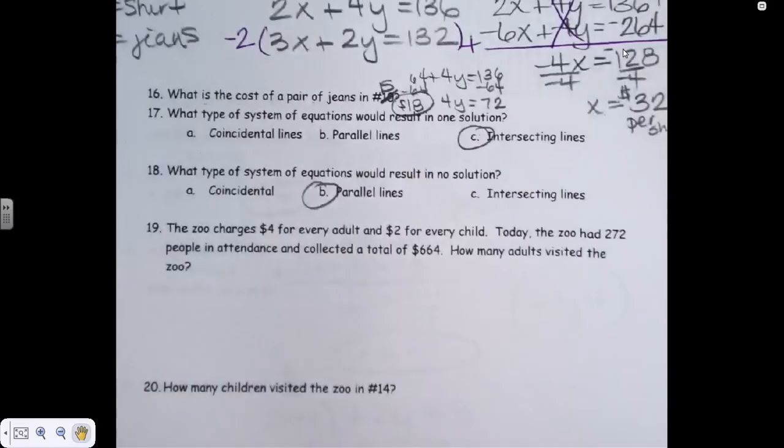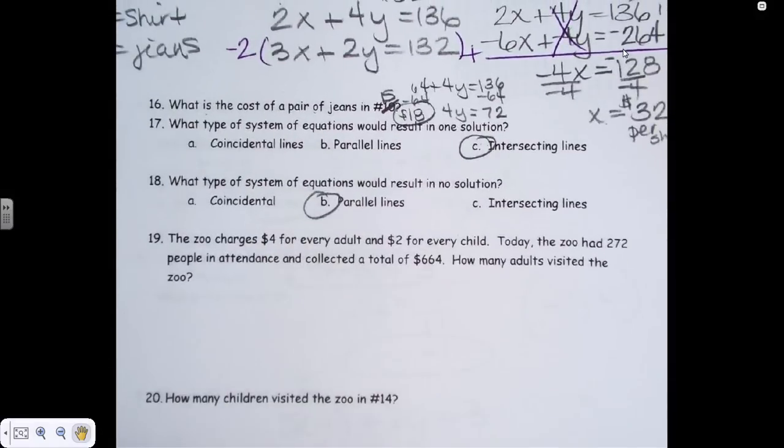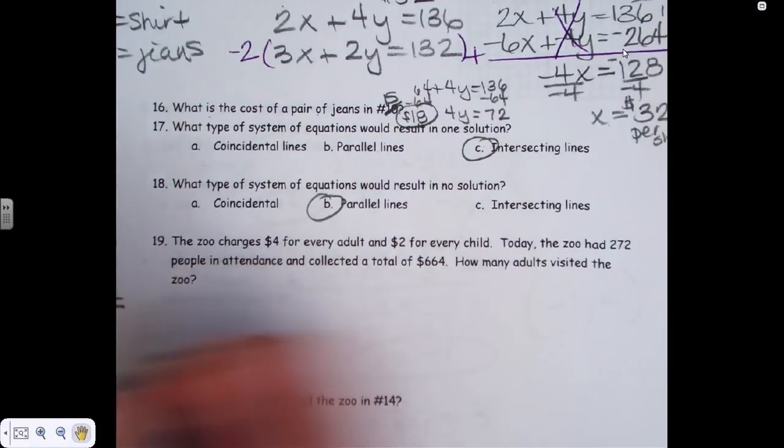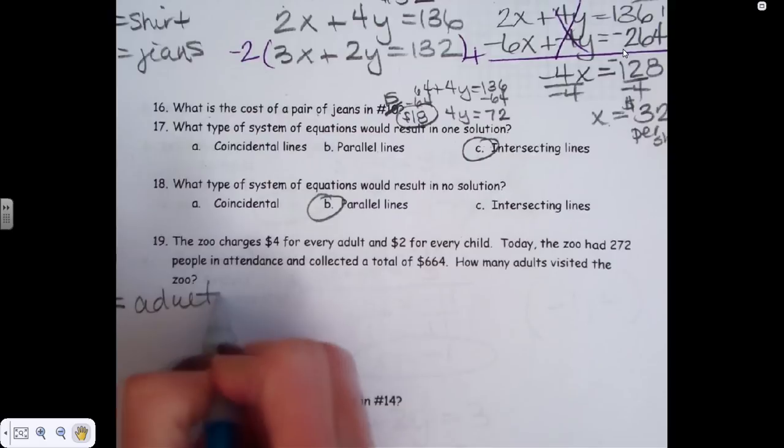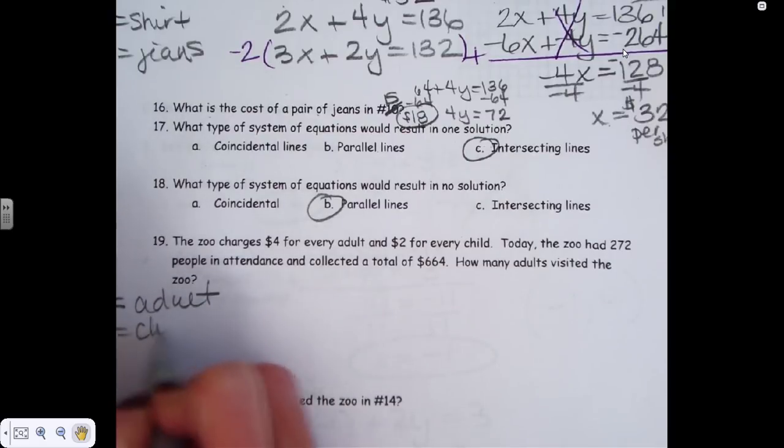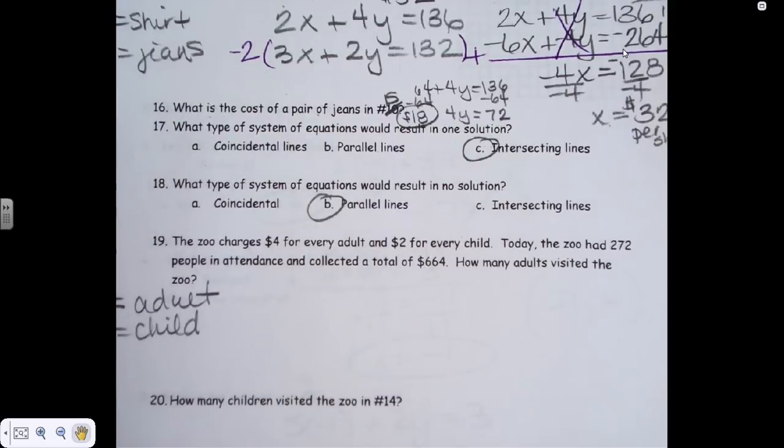Number 19. The zoo charges $4 for every adult, $2 for every child. Today the zoo had 272 people in attendance and collected a total of $664. How many adults visited the zoo? So I'm going to define my variables. X is adult, because it's what I read first. Y is child. Okay, I had 272 people.